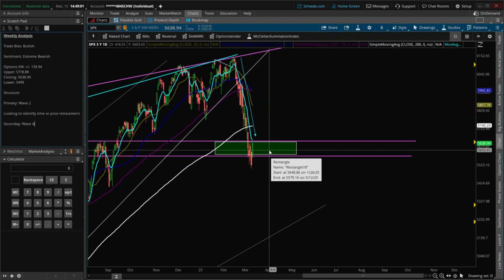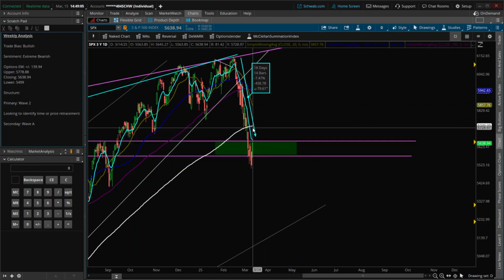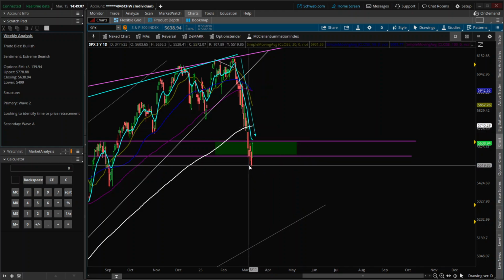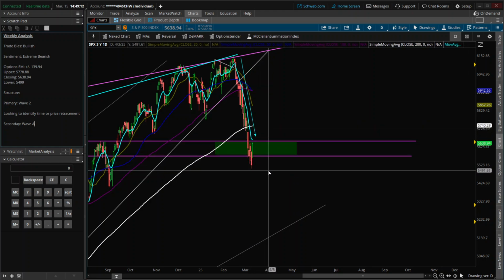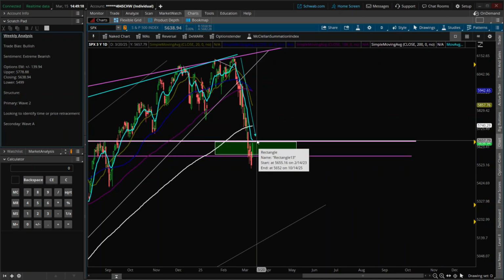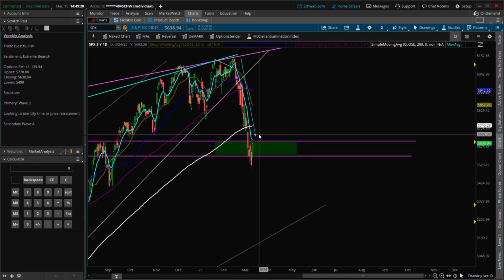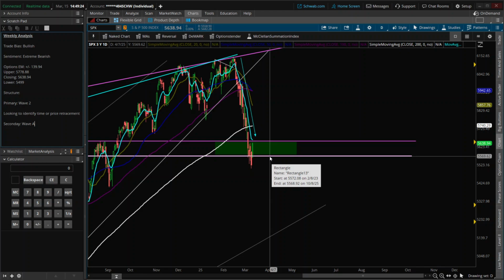Then we're going to look for a steeper or sideways wave B. I don't think that will make a new low, but wave B can actually make a new low. It can have a triangle. It can be a zigzag, very sharp.